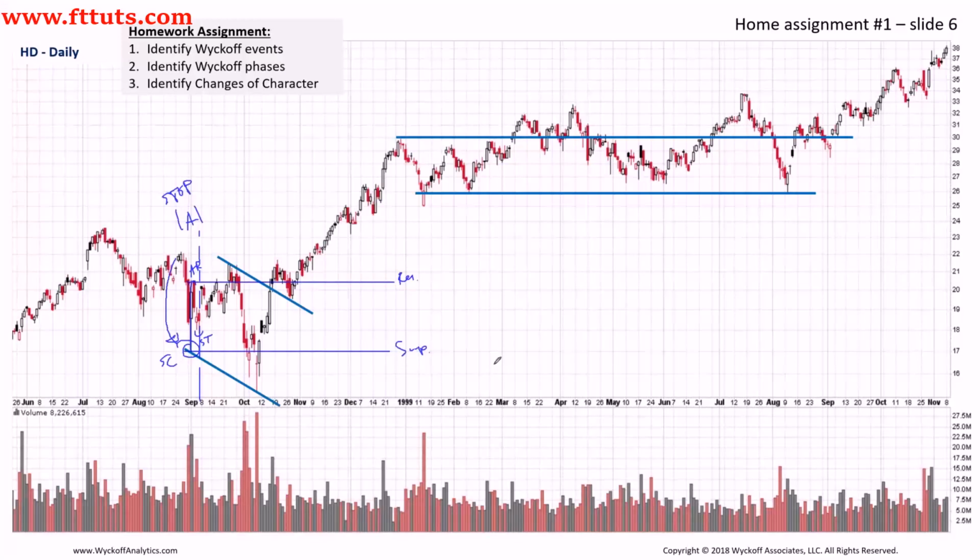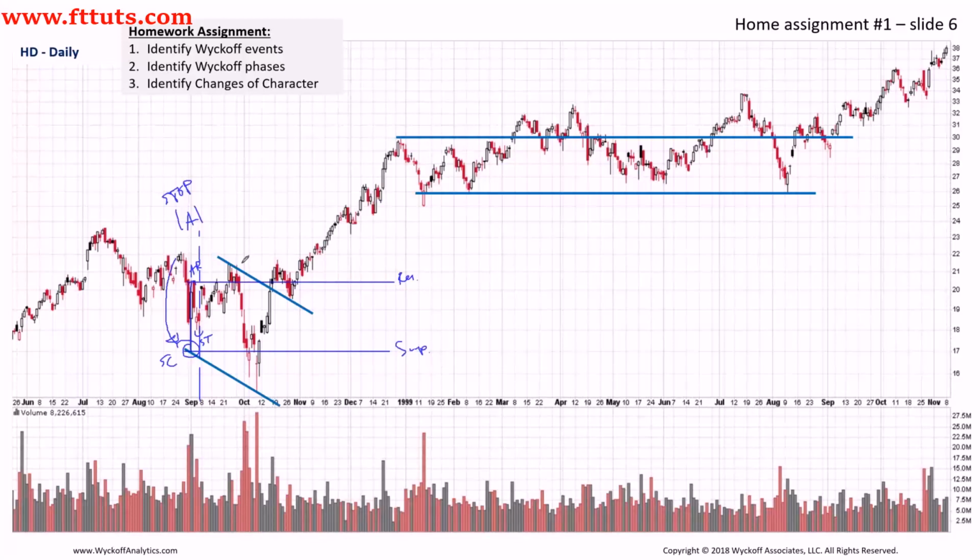The downward movement, which happened around the phase C test, around October. The rally, the downward reaction, and then the test that happened around October catches my eye. So how do we label this whole thing here?